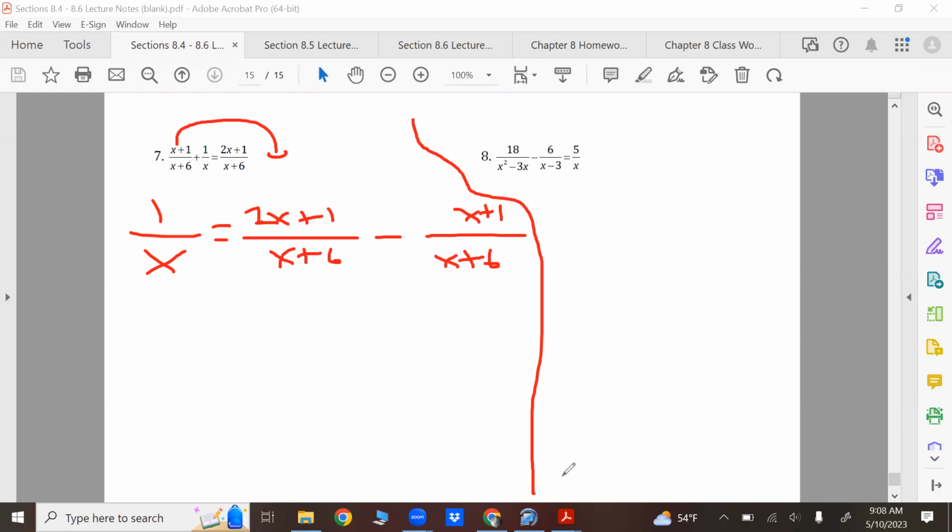For number 7, when you see 2 fractions with the same denominator, combine them, right? That's probably gonna be the easiest way to do it for something like number 7. However, for number 8, here's what I want you guys to do.